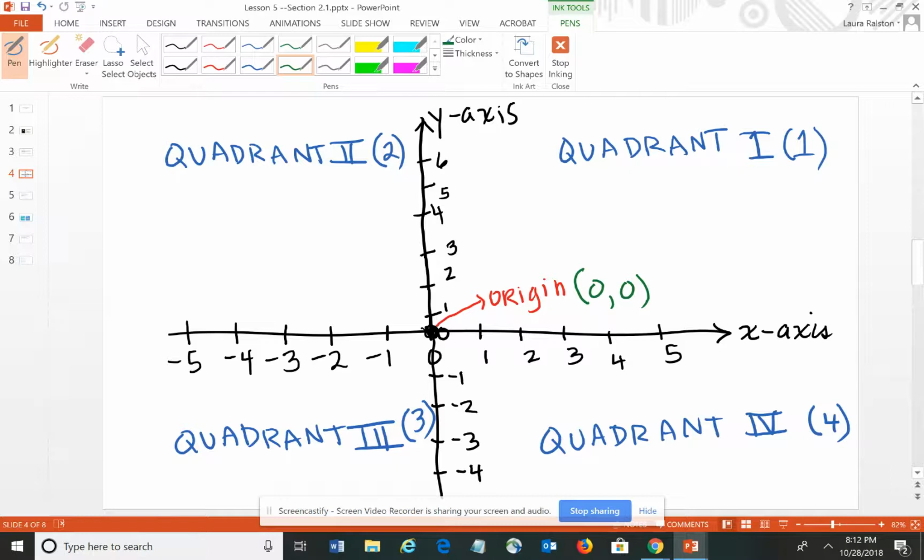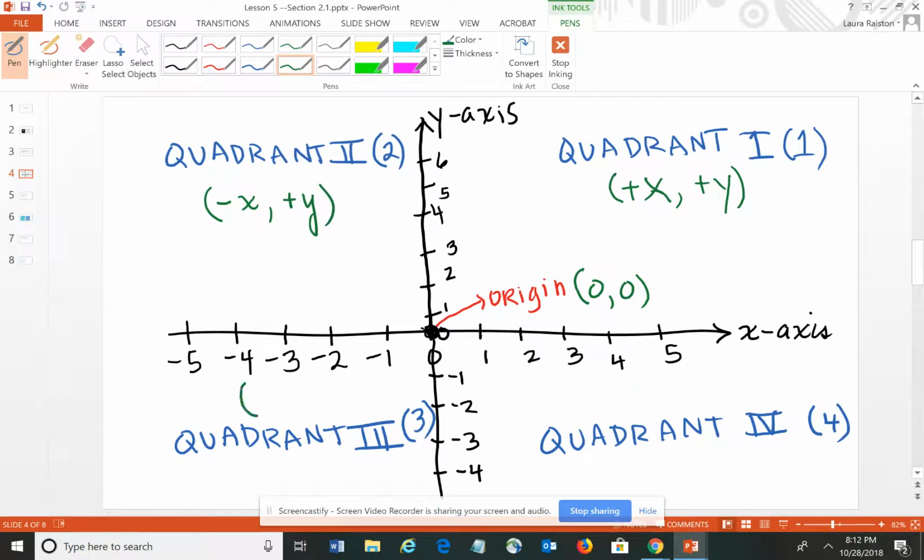One of the things in quadrant 1 that it helps to notice is that in quadrant 1, you should always have a positive X and a positive Y, because in order to be in quadrant 1, you would have moved right and up. In quadrant 2, you would have a negative X and a positive Y because you move left and up.